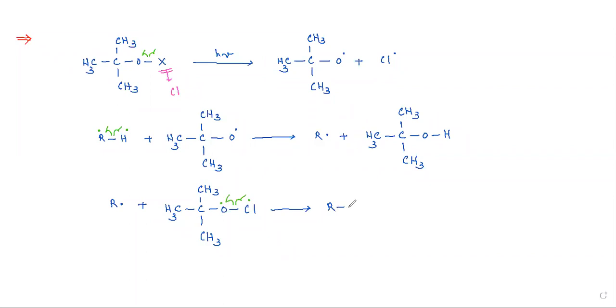Chlorine free radical combines with the alkyl free radical and you will get tertiary butoxy free radical. This again goes into the previous step. Okay, so this is how alkyl chlorides can be prepared from alkanes.